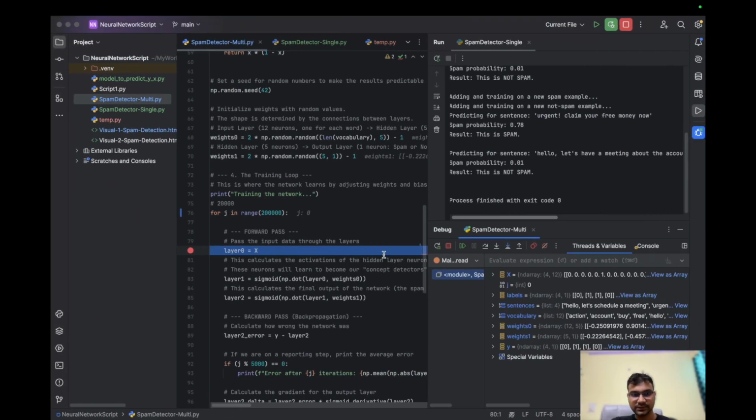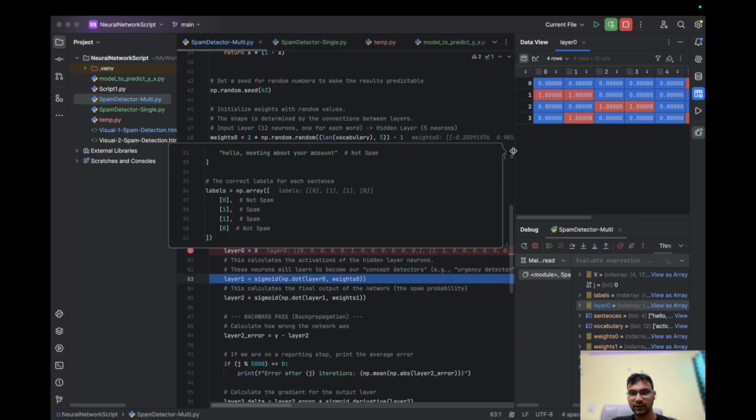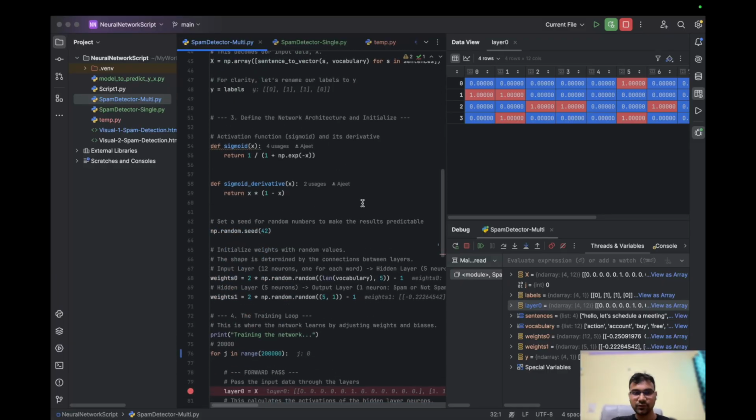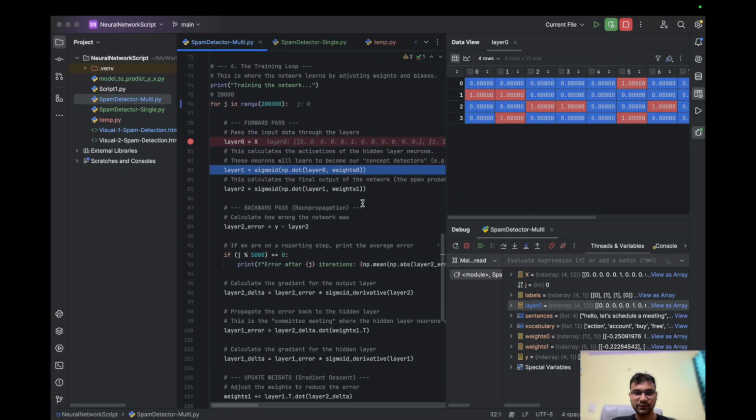Moving forward, we can see examples 0, 1, 2, 3 in four different rows, and all four rows contribute to the loss function.